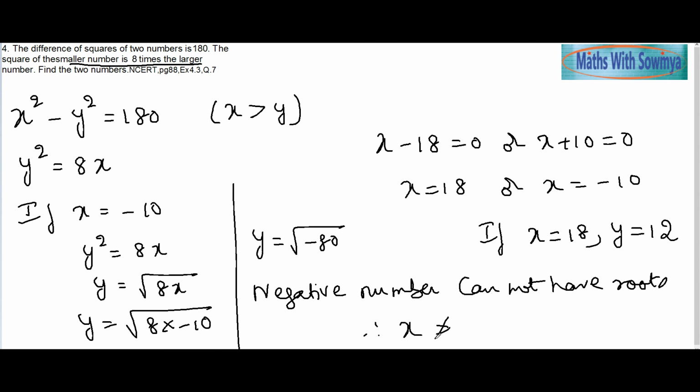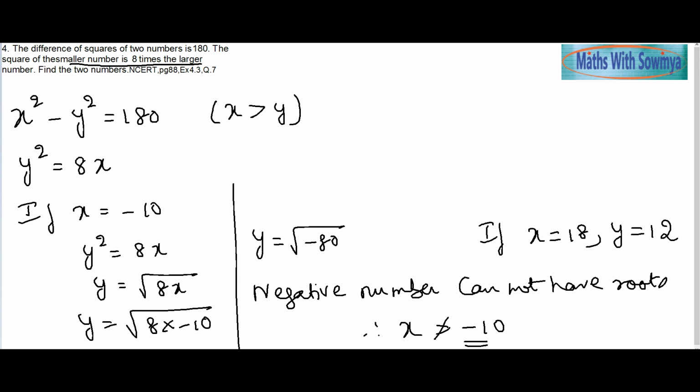Therefore x cannot be equal to minus 10. You have to show why we are not taking the value of x as minus 10. Now finally you can give the answer. Therefore x is equal to 18 and y is equal to 12 are the required numbers.